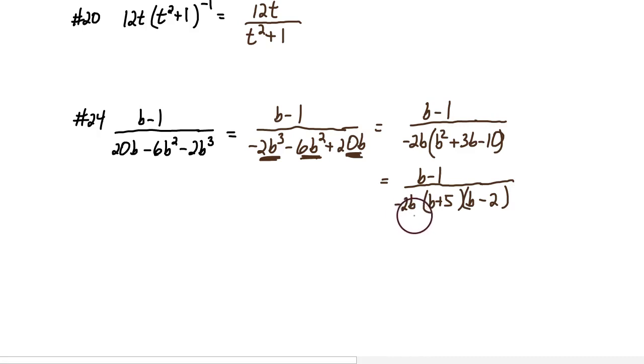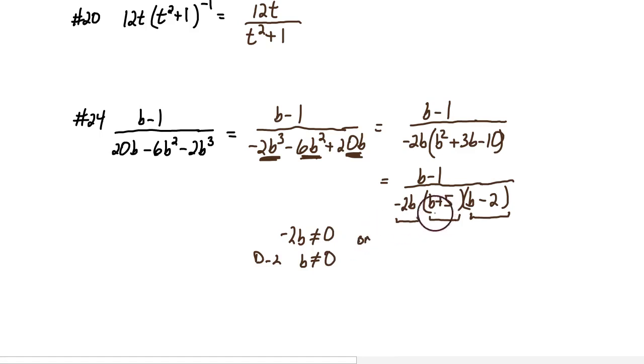Look in the denominator and take every one of these factors and figure out what value you can't have for b. So let's start with this first one. The negative 2b, we don't want that to be 0. Divide by negative 2 on both sides, and we find out b cannot be 0.